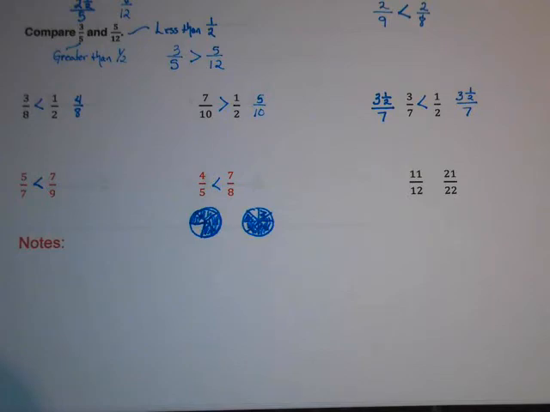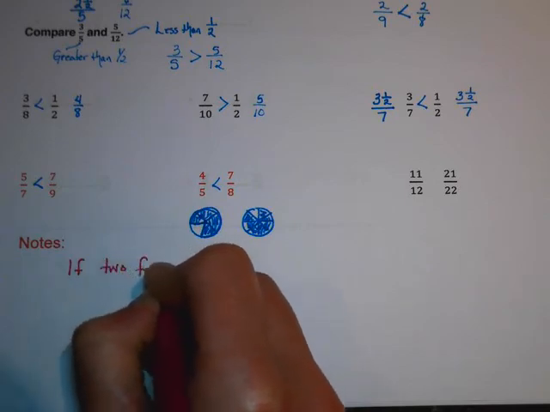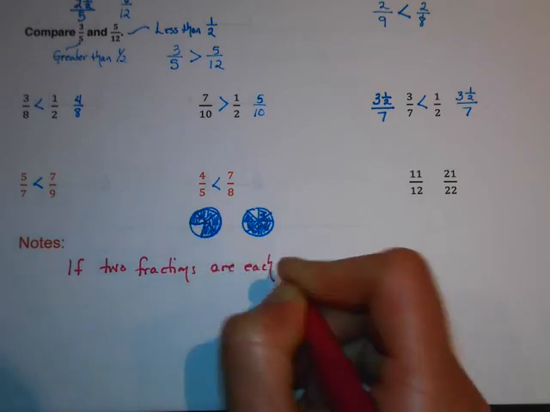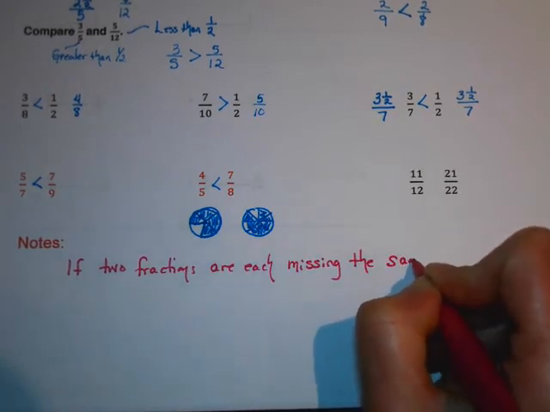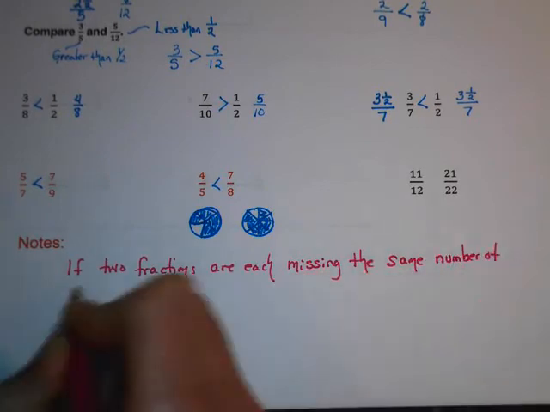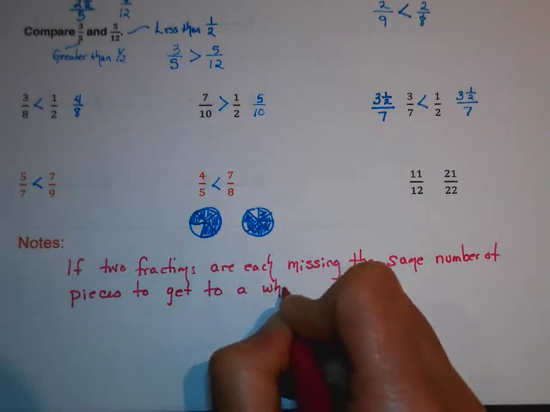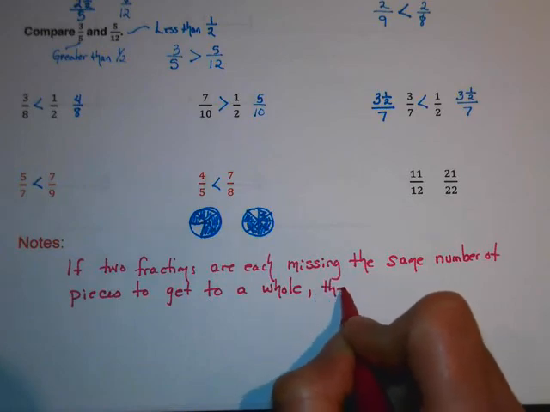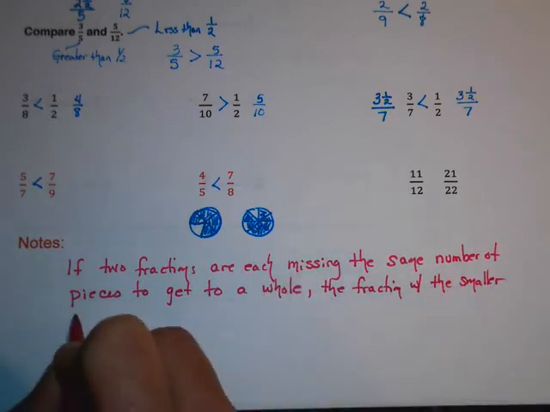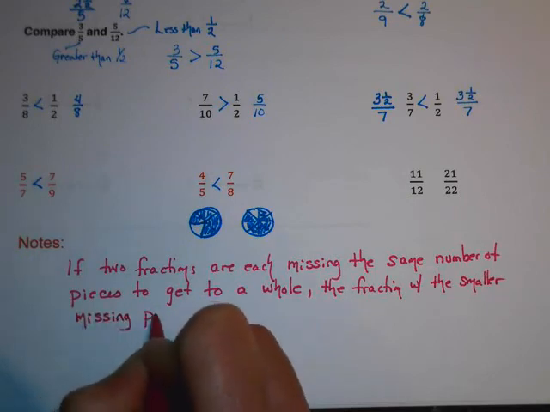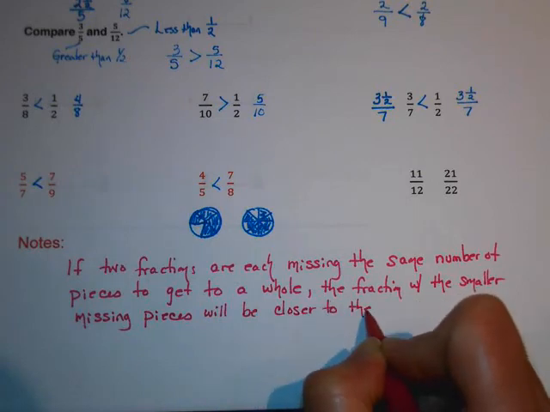If 2 fractions are each missing the same number of pieces to get to a whole, or a 1, a fraction with the smaller missing piece will be closer to the whole.